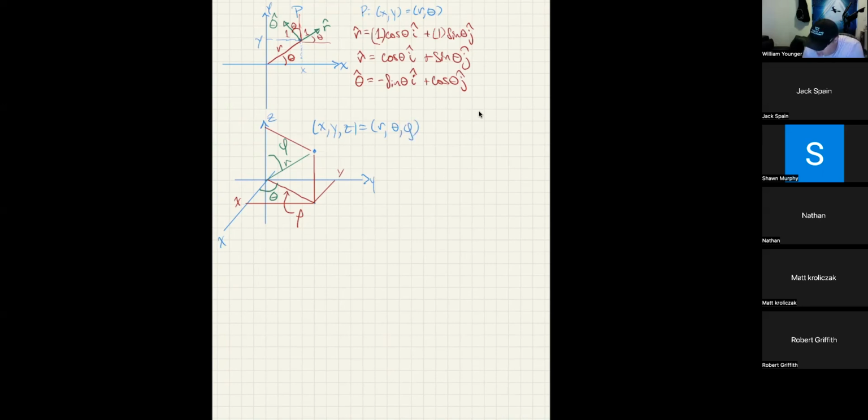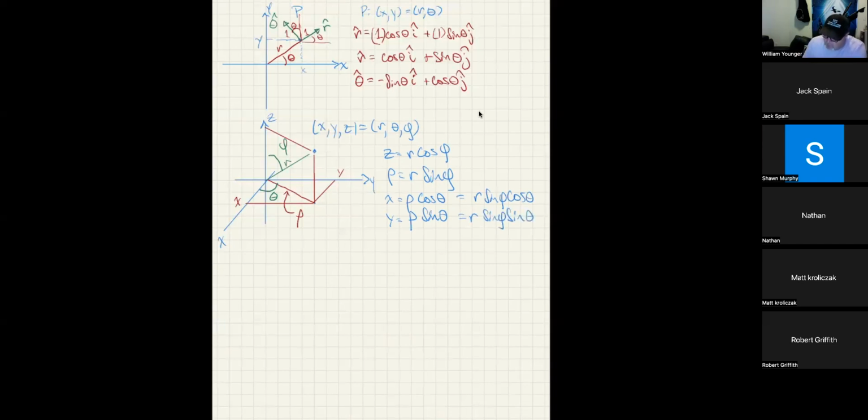We know that Z is equal to R cosine phi, and rho is equal to R sine phi, but X is equal to rho cosine theta, and Y is equal to rho sine theta. That means X is R sine phi cosine theta, and Y is R sine phi sine theta. So that's how you convert back and forth.